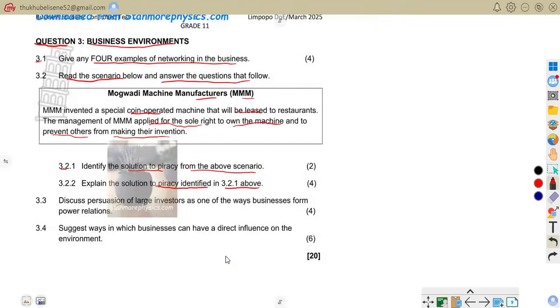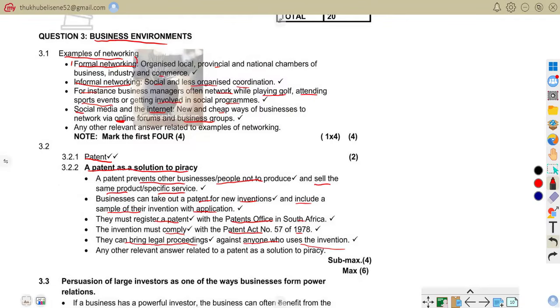Now let us move on to 3.3: Discuss persuasion of large investors as one of the ways business form power relations. Here are our answers.